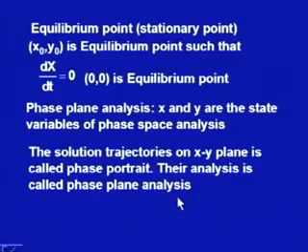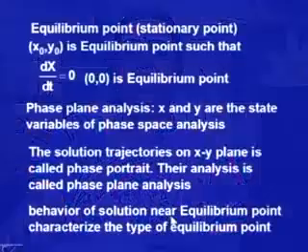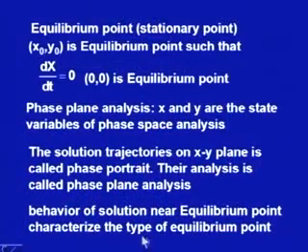So, analyzing these trajectories on the phase plane comes under phase plane analysis. If it is 2 dimensional, then it is phase plane analysis. If the system has more than 2 variables, then what we have is a phase space analysis. So, we try to see how the trajectories look on the xy plane. And then the behavior of solution near the equilibrium point characterizes the type of equilibrium point. So, what are the equilibrium points, what are their characteristics, we illustrate with the help of eigenvalues and eigenvectors.